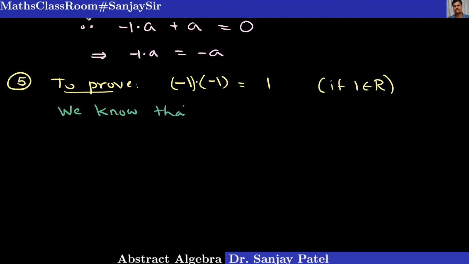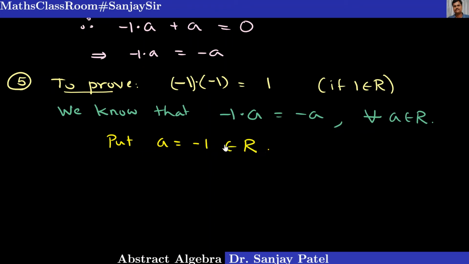We know that minus 1 into A is equal to minus A for every A belonging to R. So let us put A equal to, say, minus 1 belonging to R. If 1 belongs to R, its negative also belongs to R. So putting A equal to minus 1 in this result, what we get is minus 1 into minus 1 is equal to minus of minus 1, and that proves the result.